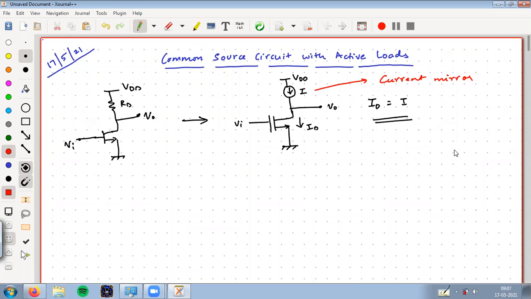Here the current source I is replaced with another set of two MOSFETs, which behave as a current mirror, providing constant current through this MOSFET. It will ensure that ID is equal to I, right?